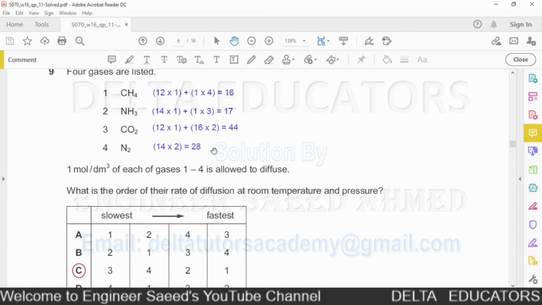After nitrogen it should be ammonia and the fastest should be number 1, that is methane, which has molecular mass 16. So our correct option, option C: slowest is carbon dioxide, that is number 3, and fastest is methane, that is number 1.